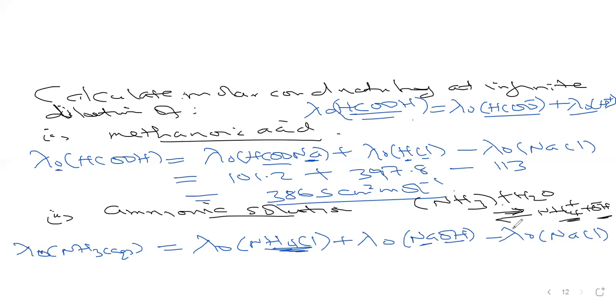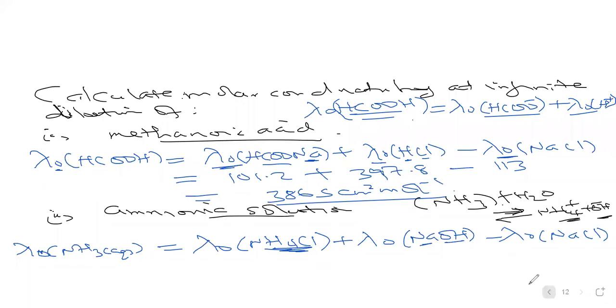Some of you, when you're writing this formula, you forget this symbol for molar conductivity at infinite dilution. That makes you lose marks. So you must write the correct formula because we are dealing with molar conductivities at infinite dilution, so the note should be there. When you don't put the note, then you're not talking of molar conductivity at infinite dilution. So what shall I have in this case?